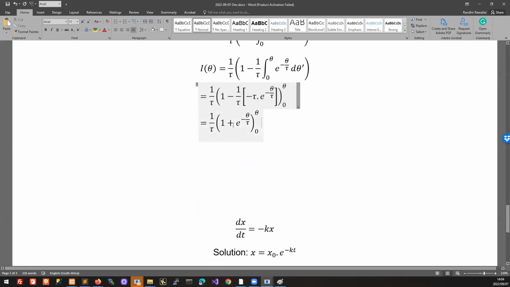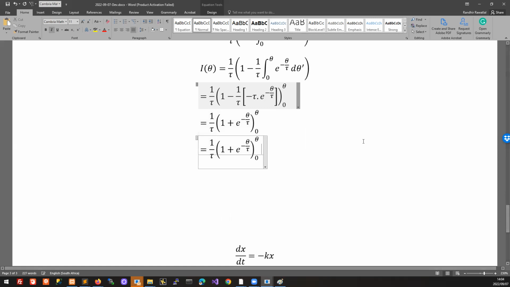So let's keep going. Now when we have theta at the upper limit, then this term is simply this one.